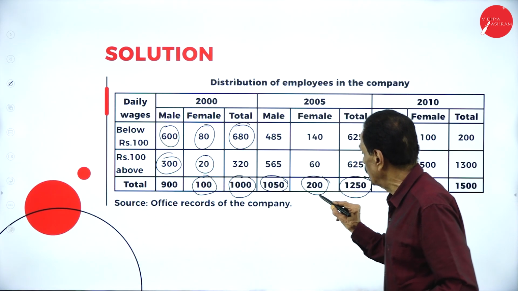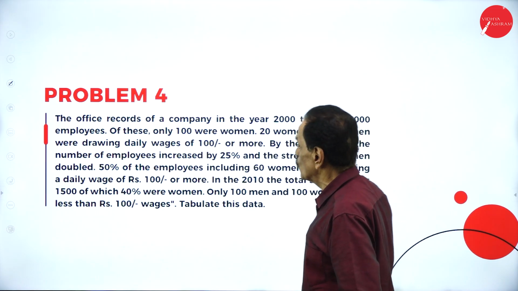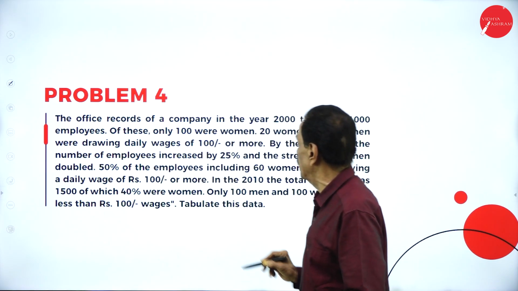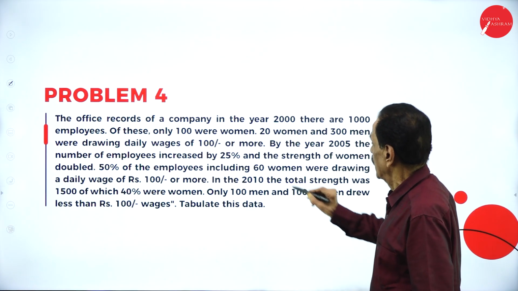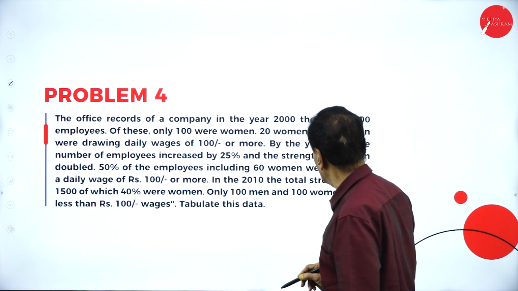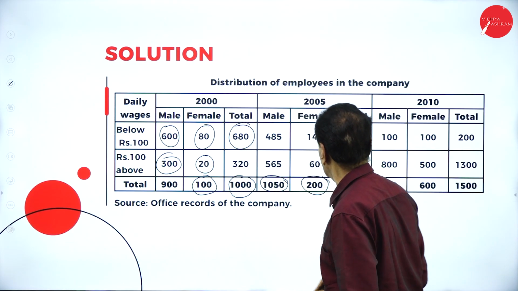Come back here, the wording. By the year 2005, the number of employees increased by 25%, 1,250, and the strength of women was doubled. 100 becomes 200, and the balance is 1,050.